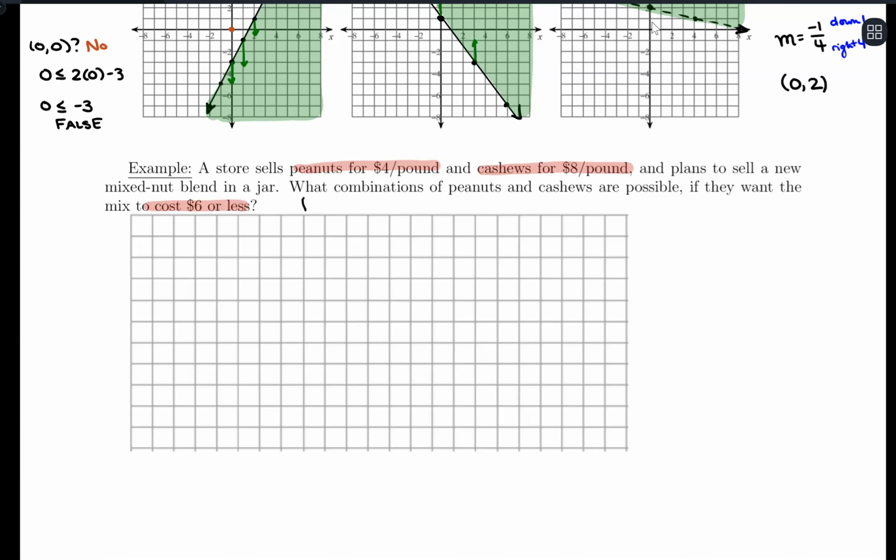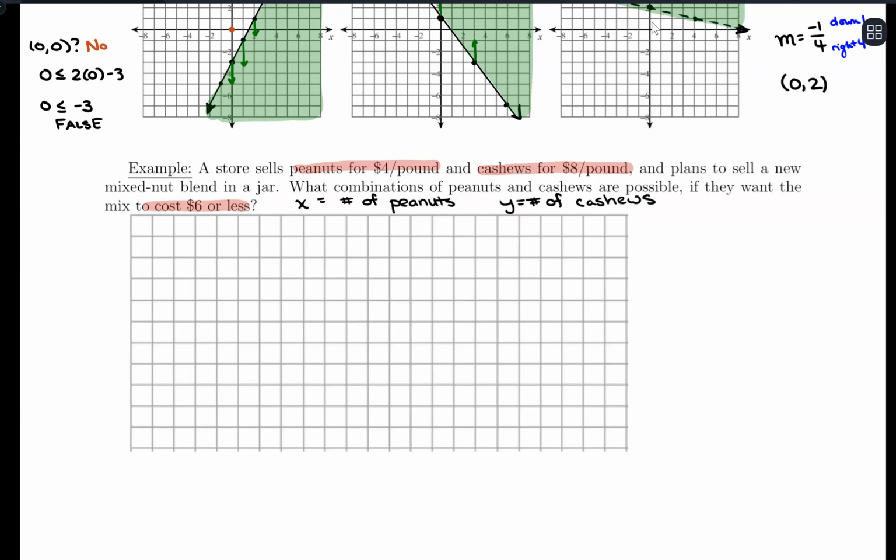So let's use the variable p for the number of peanuts. Actually, since we're going to graph this, let's use x and y. And it doesn't matter which is x and which is y here. So let's do x is the number of peanuts and y is the number of cashews.